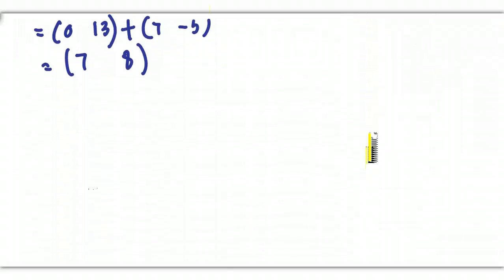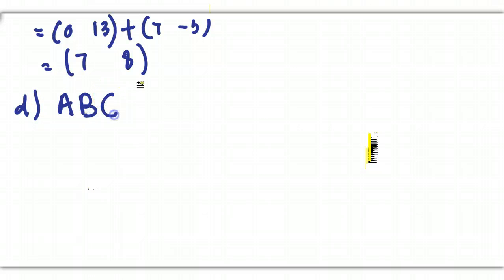Next, you are asked to find in part D A times B times C. To do this, what we will usually do is do it in order first. It doesn't matter which pair you do first. You can either choose to do B times C first, then A times the result, or you can choose to do A times B first, either way.